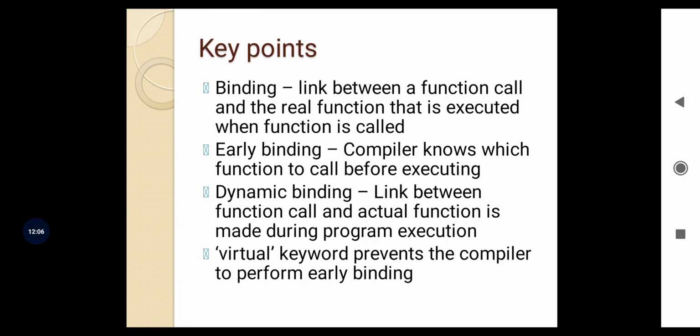Dynamic binding is linking the function call to the actual function during the program execution or runtime. And the virtual keyword prevents the compiler from performing early binding. So these are some of the key points, please go through them. And if you have any doubts, you can always ask me during the class.